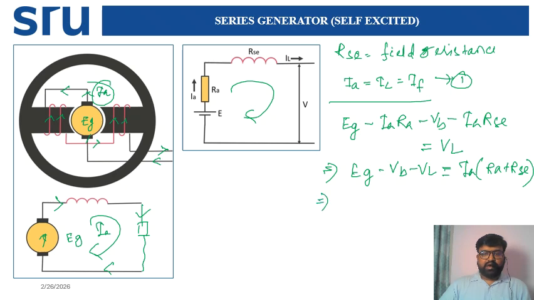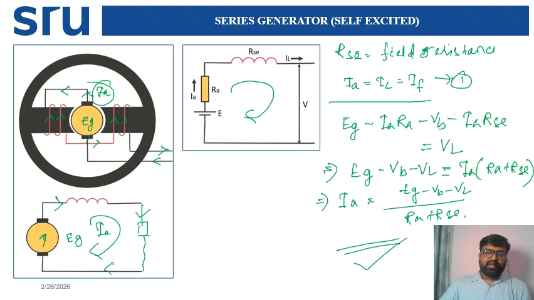Now we can easily calculate your IA, that is IA equals (EG minus VL) by (RA plus RSE). This is very simple. From this you can understand IA, and if you can compute the IA, then definitely you can compute the IL and all the rest of the process.